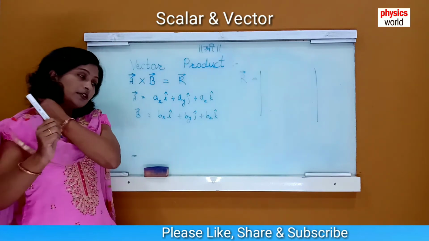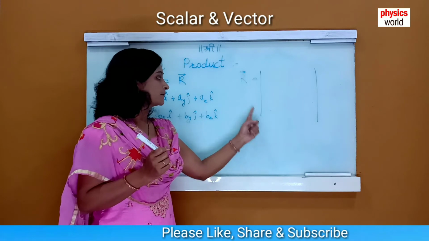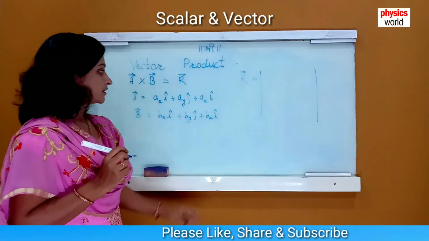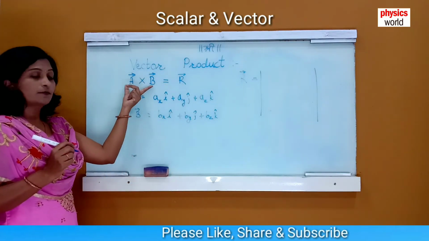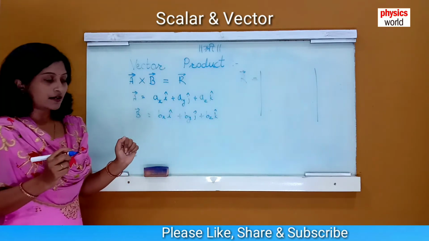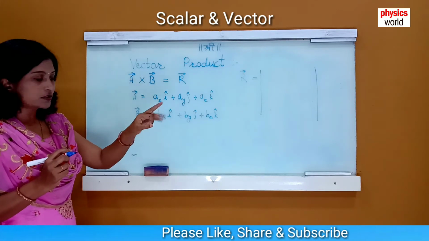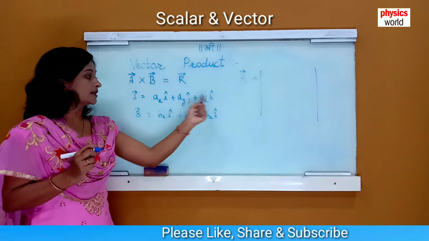For biology students, those who don't have any idea about determinants, see here, this is the symbol of a determinant. The resultant will give you R, that is the vector product A cross B. Now how to represent R? In the determinant there are three rows and three columns because we have three components i, j, k.